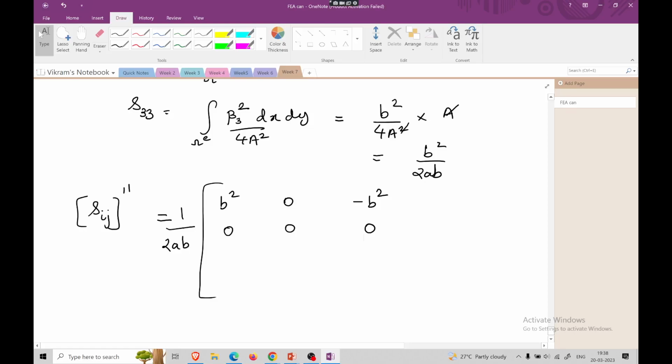So 1 by 2a will be common for gamma i. Similarly for gamma j, there will be 1 by 2a, so they will be multiplied to get 4a square. So this will be a square by 4 capital A square into dx dy. This will be a. So this will be a square by 2ab.